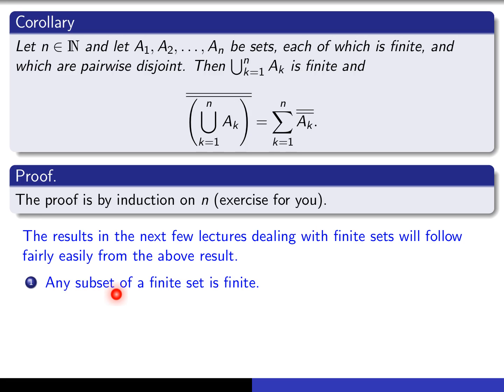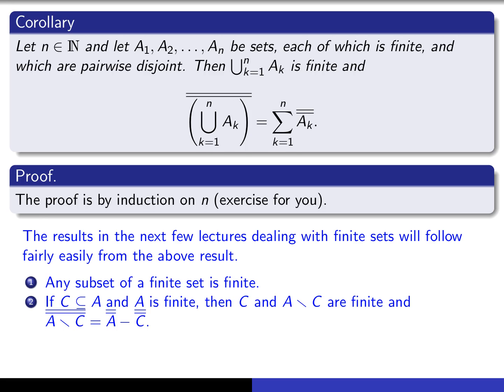Any subset of a finite set is finite. If A is a finite set and C is a subset of it, then A minus C, the set theoretic difference, is also a finite set, and its cardinality is the cardinality of A minus the cardinality of C.